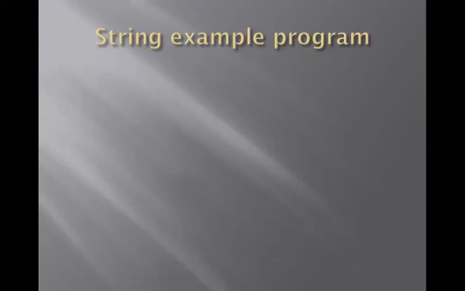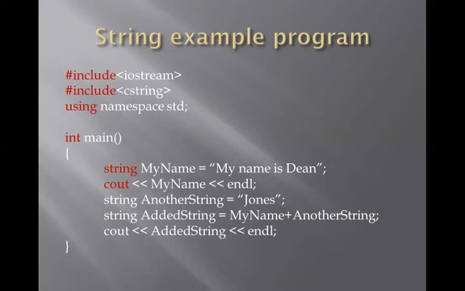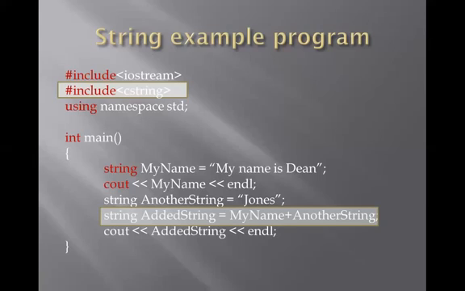All right, string example program. Notice here we included cstring, and there's also another concept of adding strings. It's called concatenation. This is very valid in C++. You can add two strings into the same string, and you can also declare a variable, like you can add two numbers and declare it inside that.